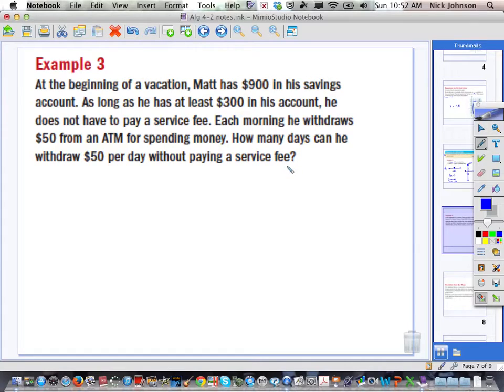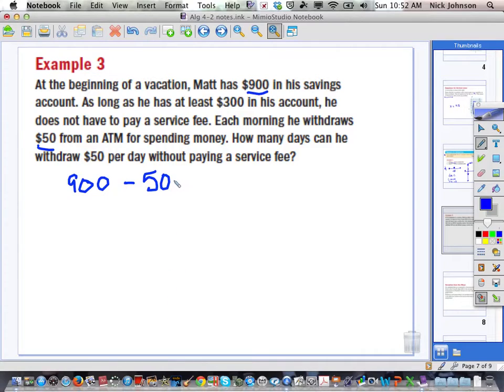Okay, so let's make an equation. What does Matt start with? He starts with $900 in his savings account. He is going to spend $50 every single day, so he is subtracting $50 every day. How do you say every day?